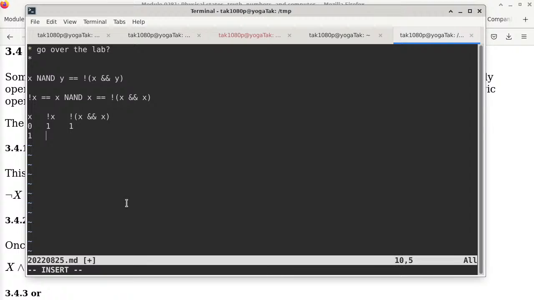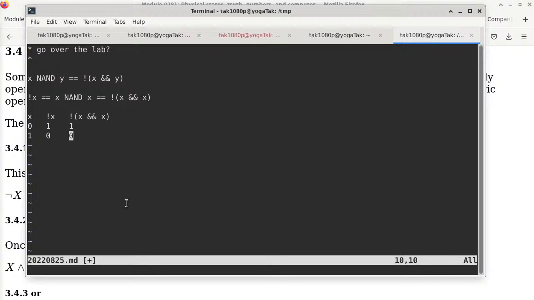Not true is false, that's an easy one. And then true and true is true, not true is false. So using a truth table, I have just shown that the expression not x is equivalent to the expression not in parentheses x and x. Are we okay so far?